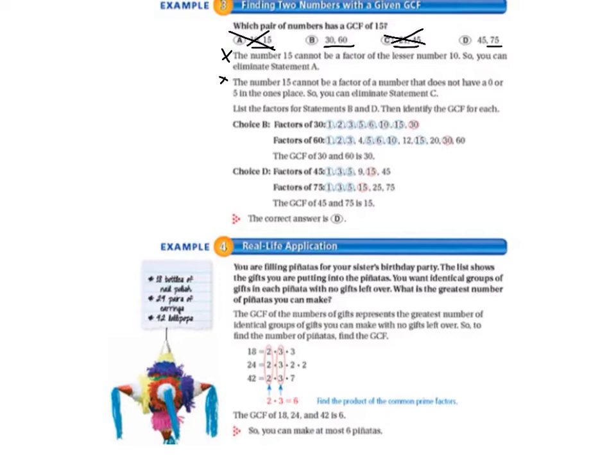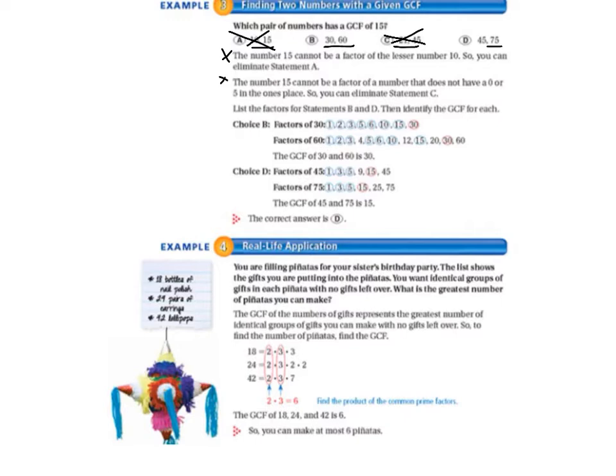So it says list the factors for statements B and D, which they did for us. Choice B, factors of 30, they've listed for us. And our greatest common factor there is 30. And choice D, factors of 45, are listed here, and they've circled the common factors in blue and circled the greatest common factor in red.